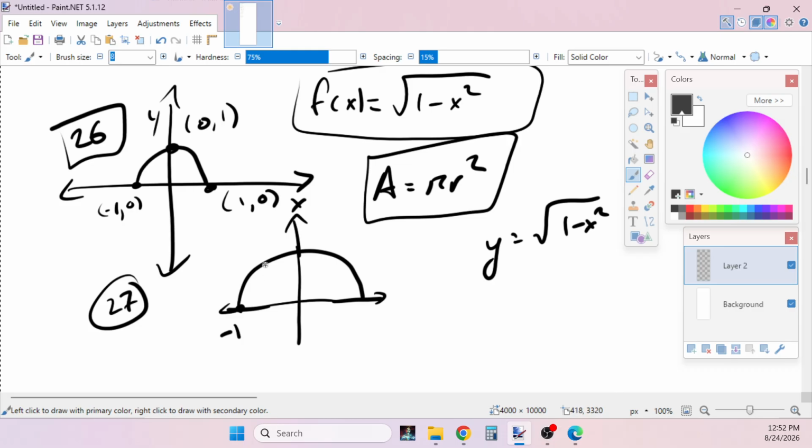You're going to get a rectangle when you plug in negative 1. You get out a height of 0. When you plug in negative 0.6, you're going to get out probably a very bad looking decimal, but you'll get a height. Plug in x equals negative 0.6 into this equation. You're going to get a rectangle, whatever height comes out of the function.